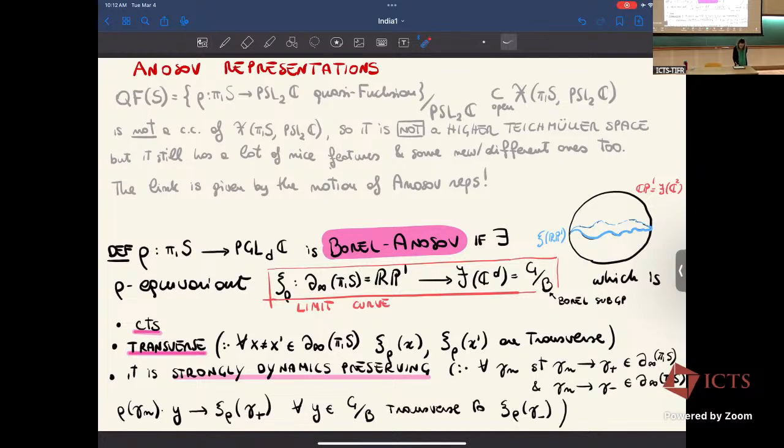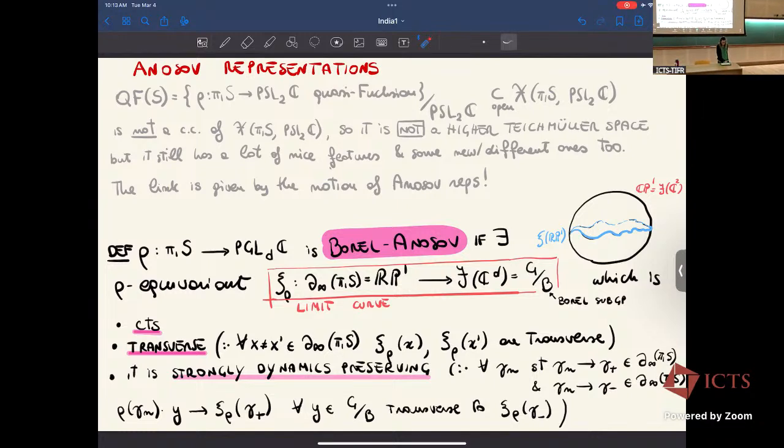Already here, Borel is a choice of a parabolic. In this setting it is the upper triangular matrices, the minimal parabolic in this group. Also, the definition of Anosov has many equivalent characterizations. I'm giving you one, but there are many.